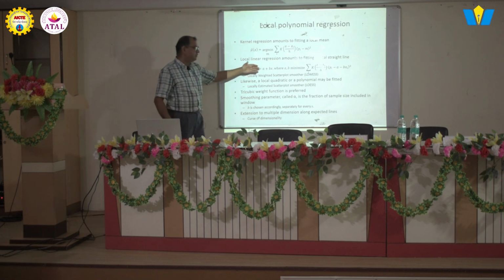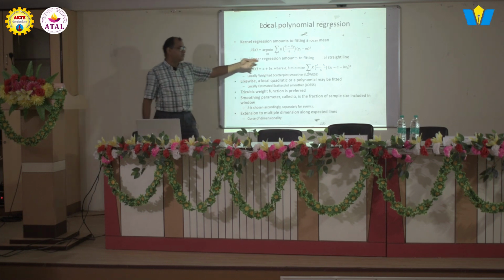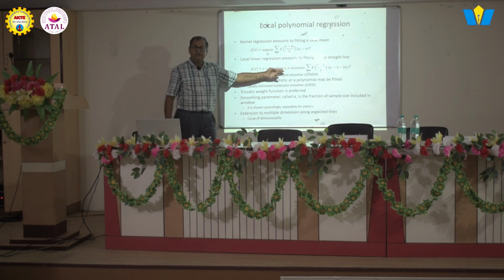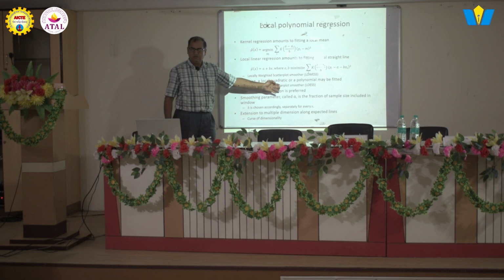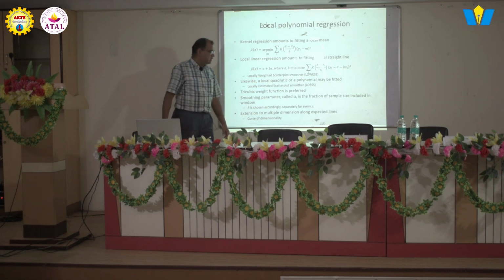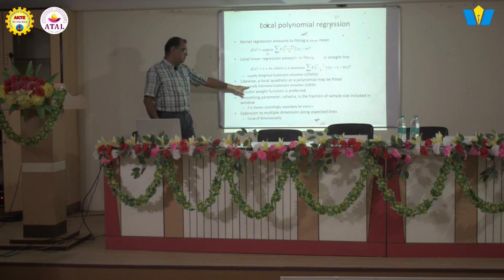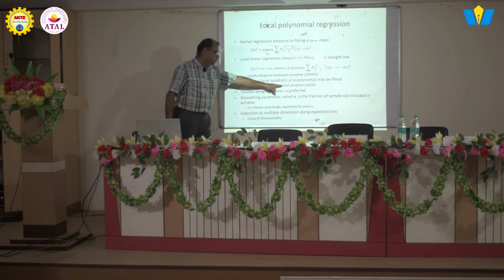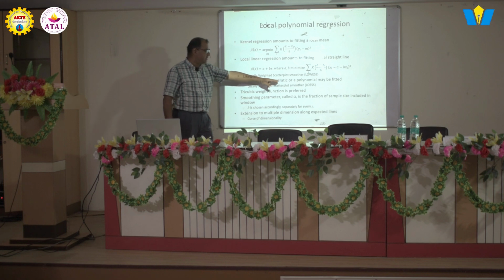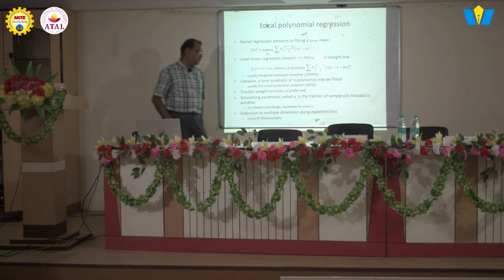And that idea can be further extended: instead of picking a local line, we can pick a local quadratic or a local cubic or a local polynomial. Okay? So this is called locally estimated scatterplot smoothing. That sounds similar, but it's spelled differently: LOESS, LOESS.